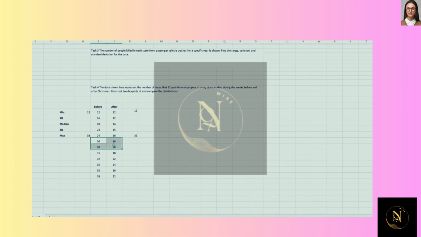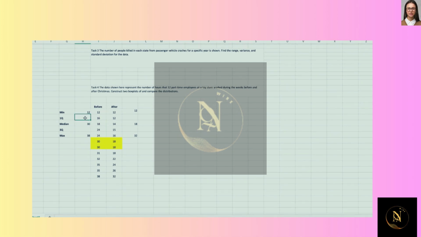So the median is in between these two numbers. Okay. So 1, 2, 3, 4. So it would be 30 for this one and 18 for this one. Okay. And then the first quartile is in between 18 and 24.